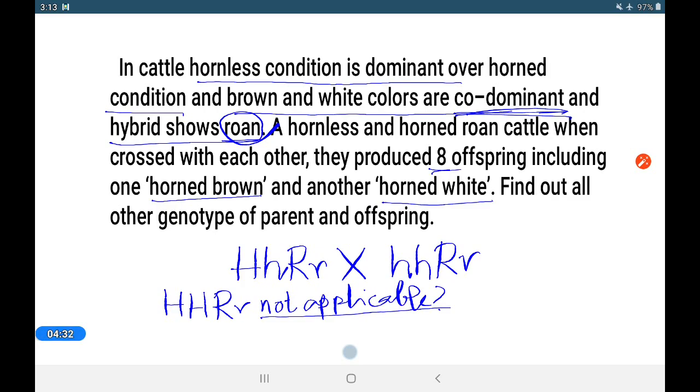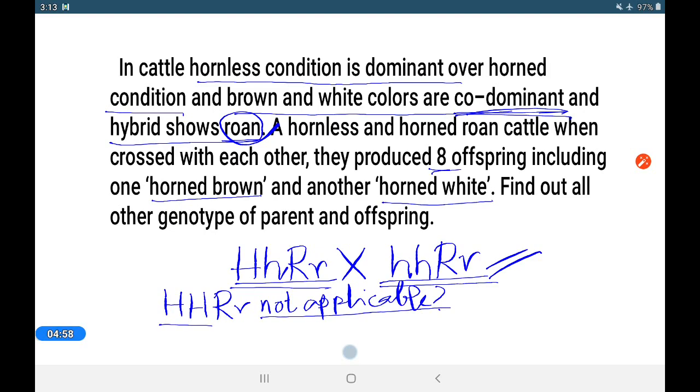Here the hornless condition is dominant over the horned condition. So here it is the horned one; there is no doubt about it. Any other combination is not possible. Here is the hornless, and roan is a combination.